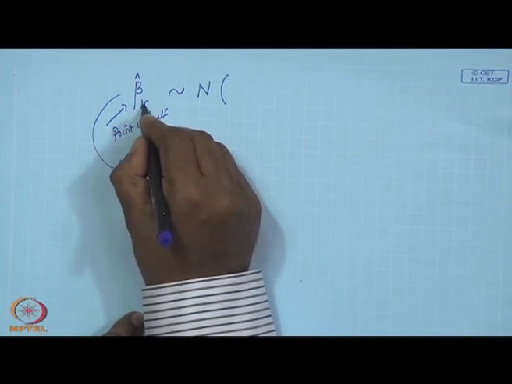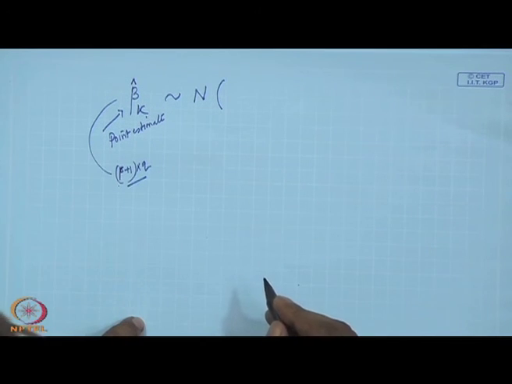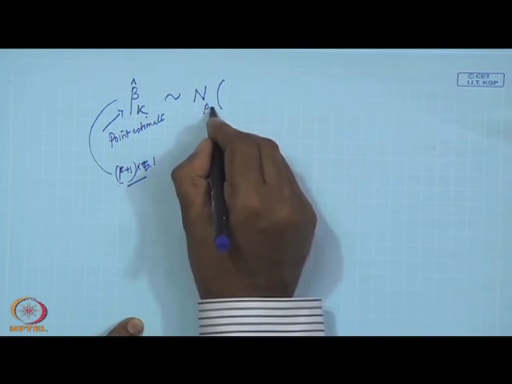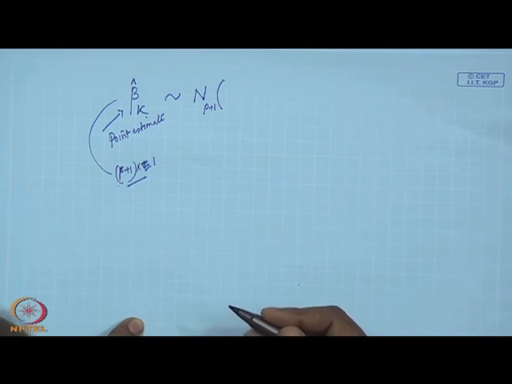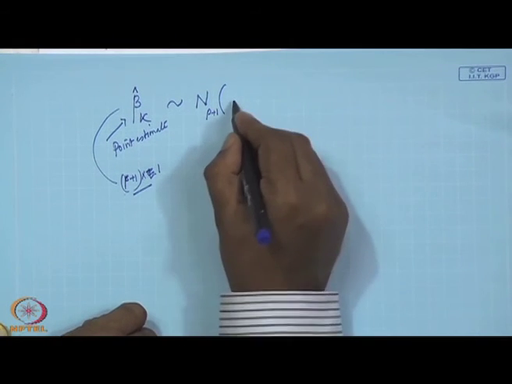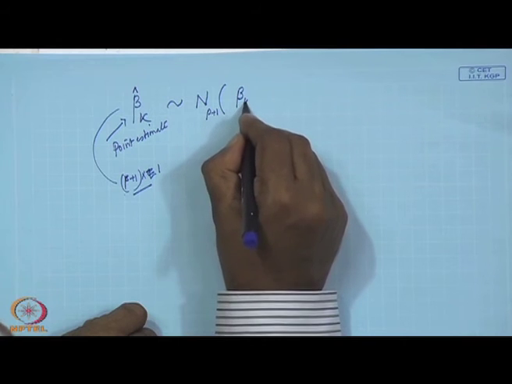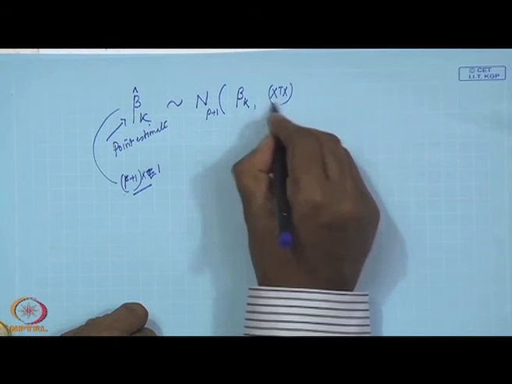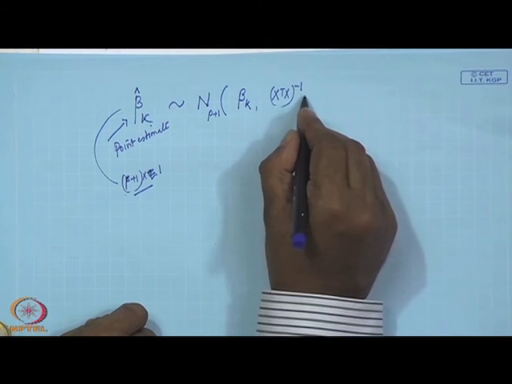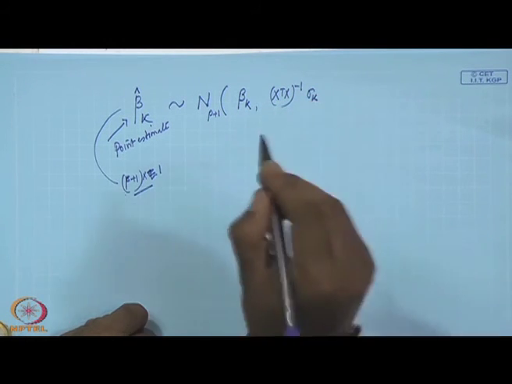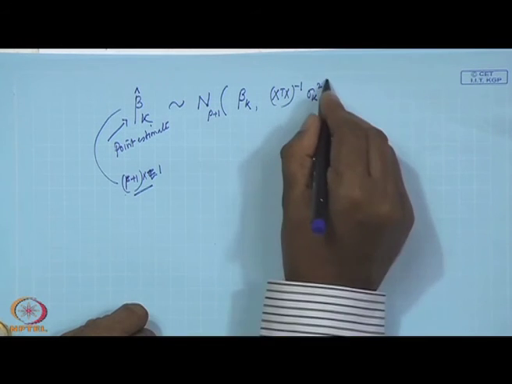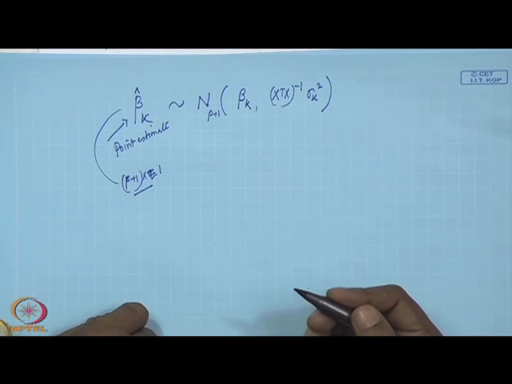Now I am writing here beta k, then we are going back to this MLR case. So this will be 1, and then this will become p plus 1. Then this beta k has covariance x transpose x inverse sigma k square. Correct.